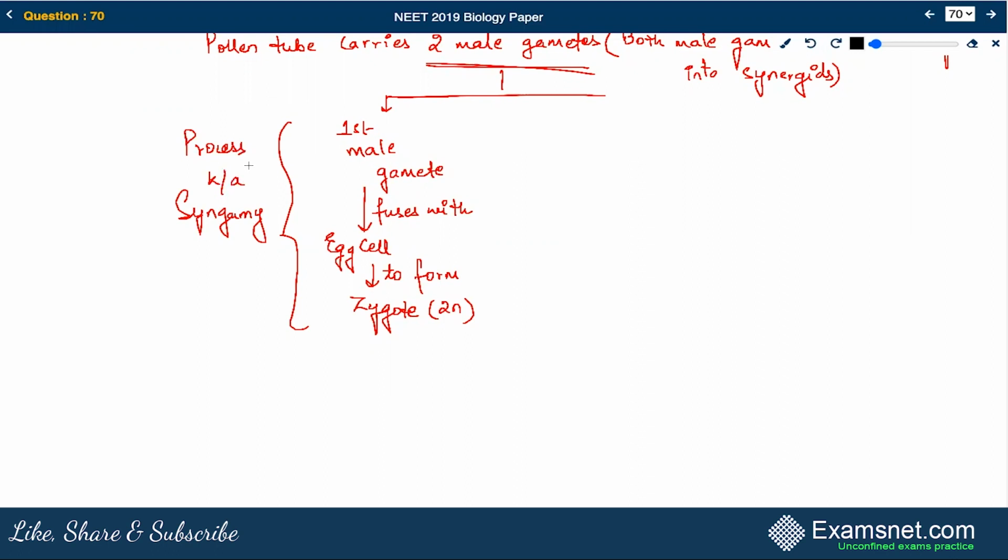While if I just talk about the second male gamete, the second male gamete is basically going to fuse with the secondary nucleus, which is also called as central cell or polar nucleus.